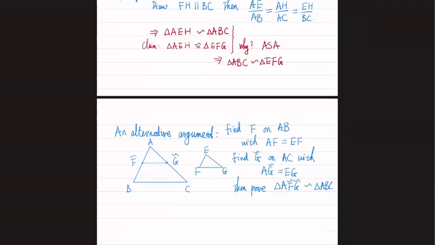Okay, a different proof. You can see a tiny difference between this and the previous one. Both work.